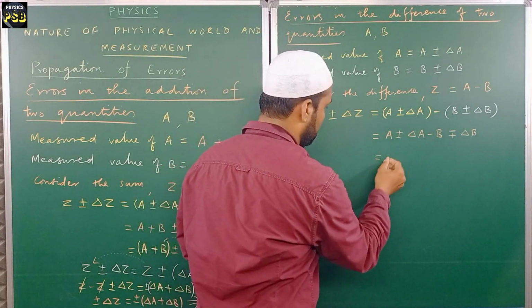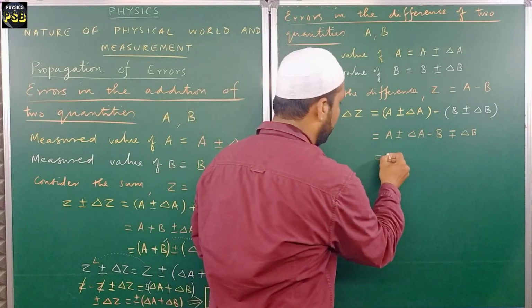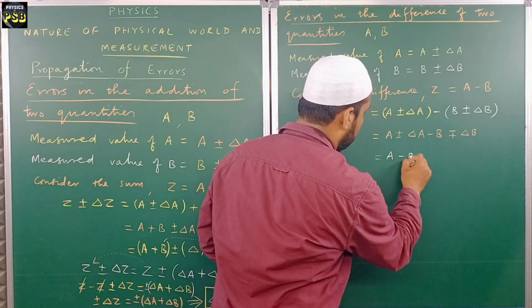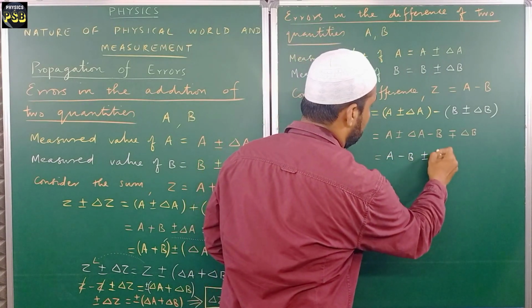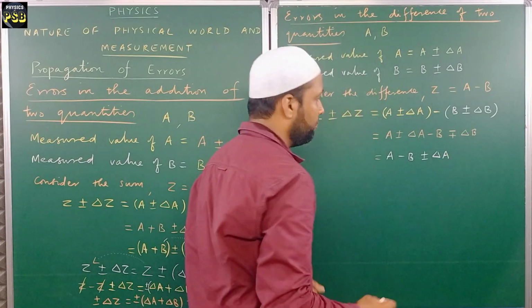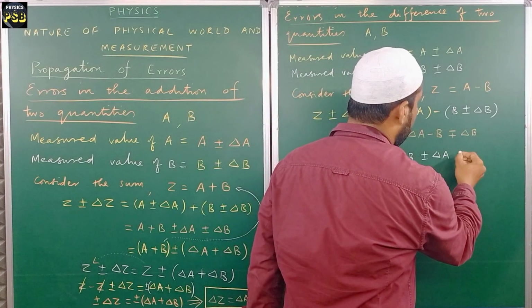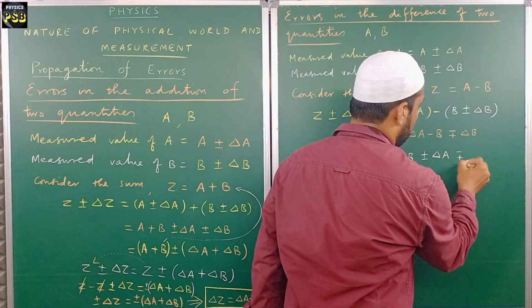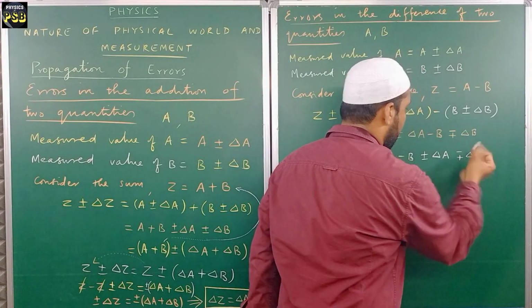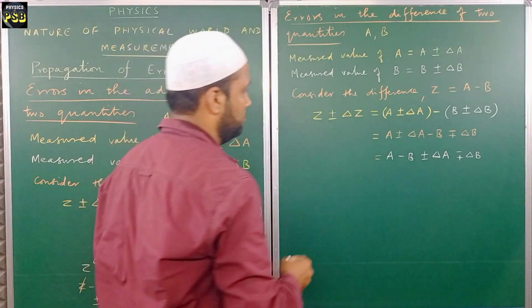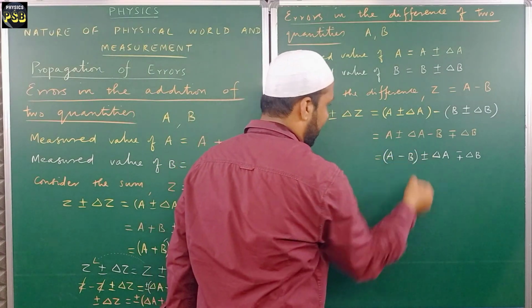This is rearranged as A minus B plus or minus delta A minus plus delta B. I take this within a bracket.